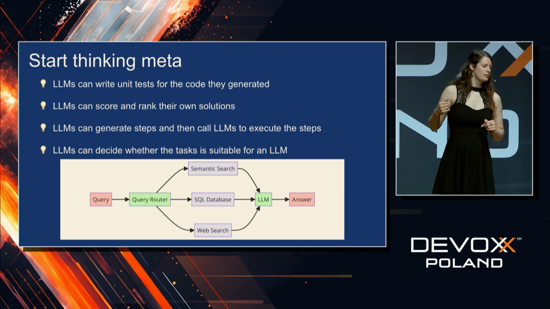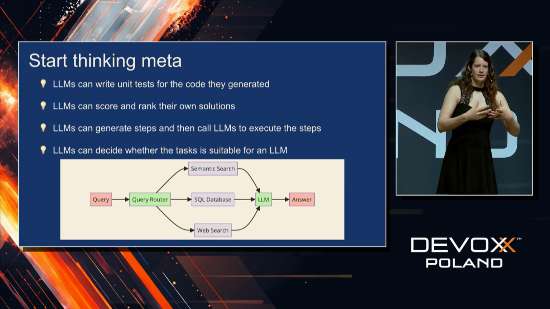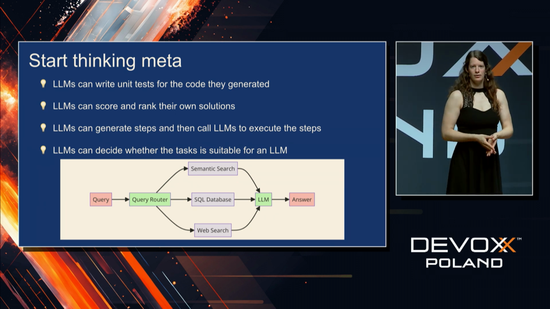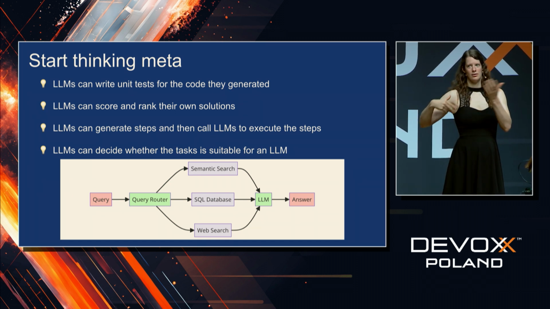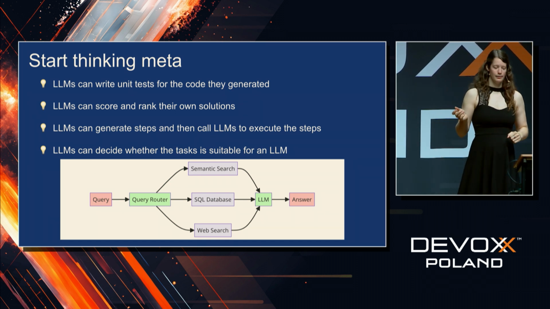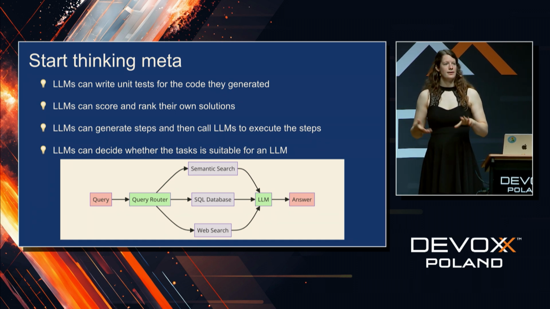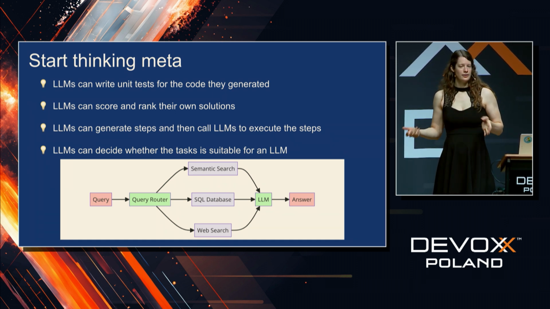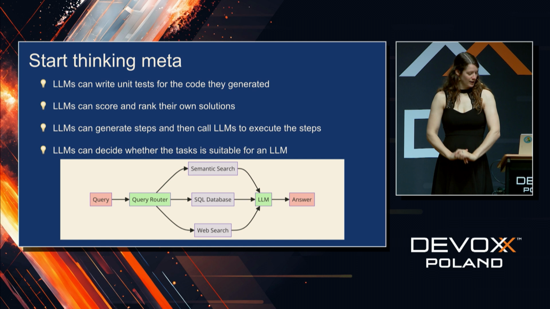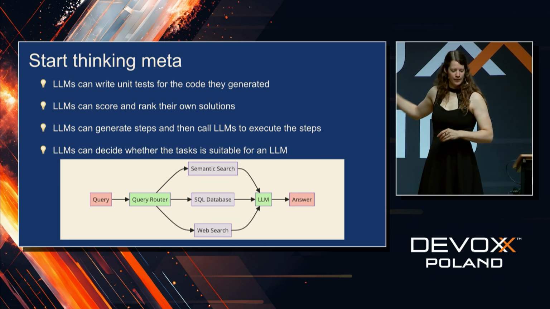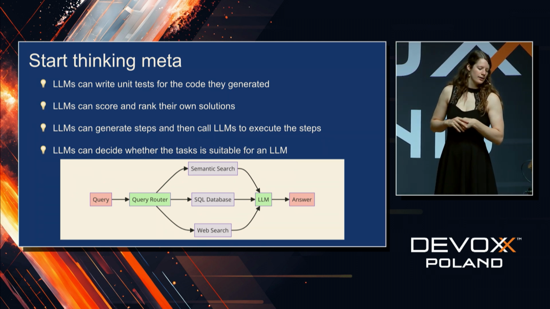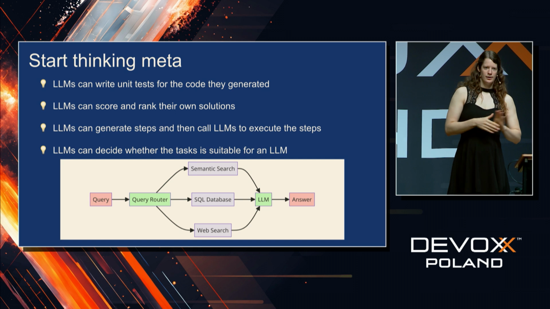In that way you can obtain things that would usually be too complex for it to do, but since it can create its own steps and then execute them, it can still manage. And they can also decide whether an LLM is actually the right tool to answer the question or to perform the task. So what you see in the image here is something that's also integrated in LangChain4j.